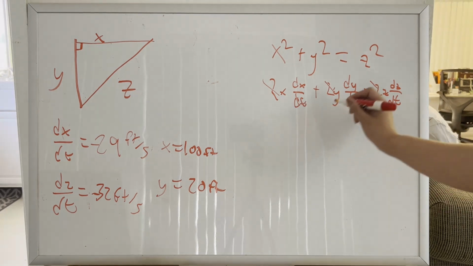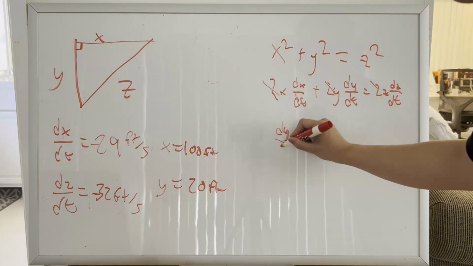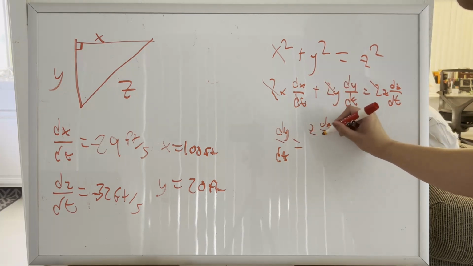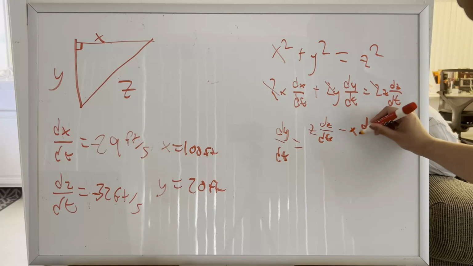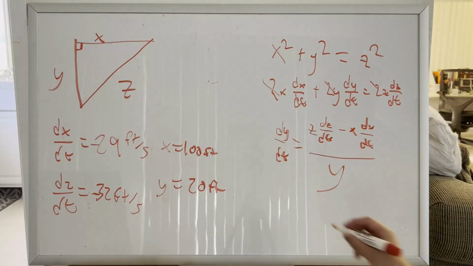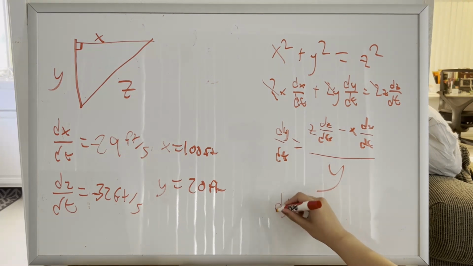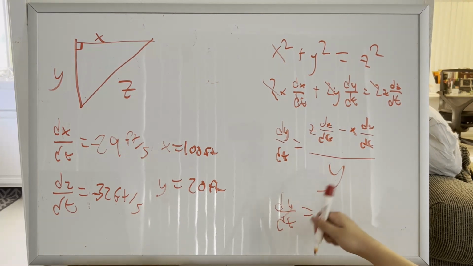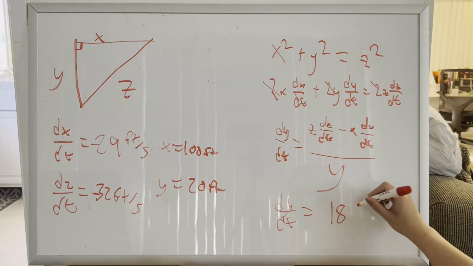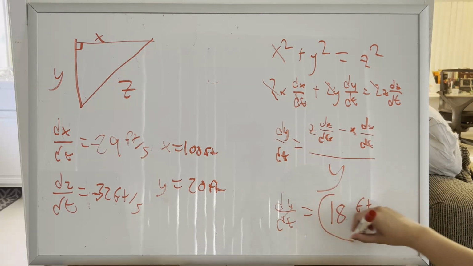When we rearrange the equation for dy/dt, we get (z dz/dt minus x dx/dt) over y. If you're wondering where I got z from, I did some off-camera calculations using the Pythagorean theorem. It's pretty trivial. So we get that I have to be running at 18 feet per second.